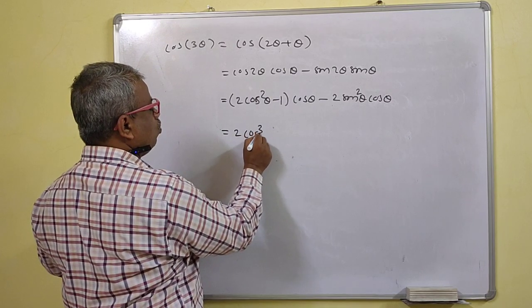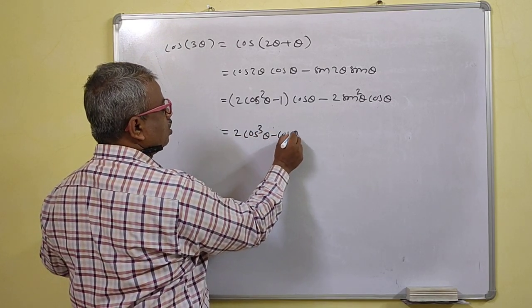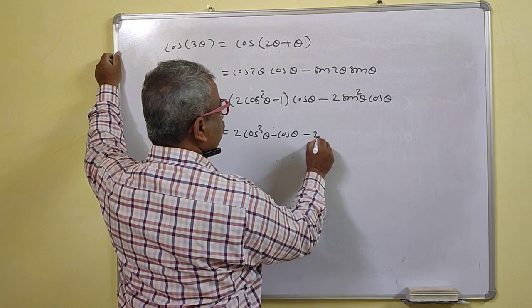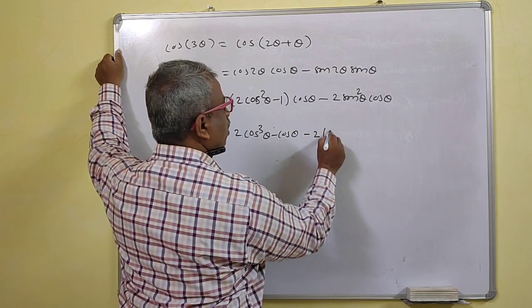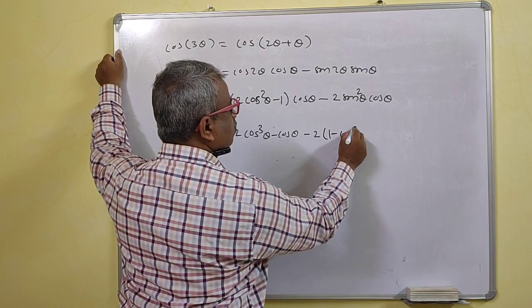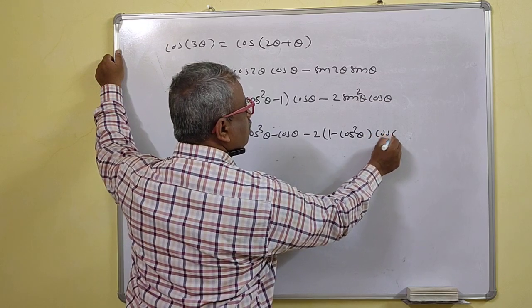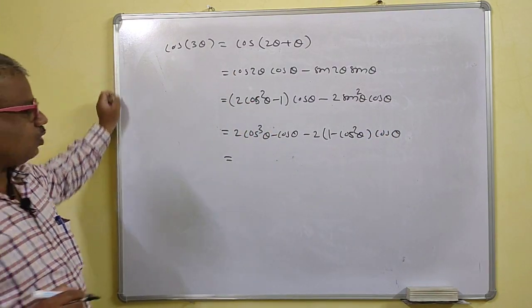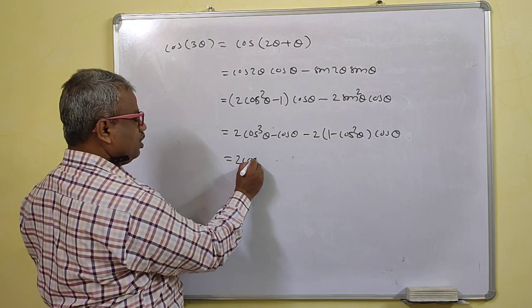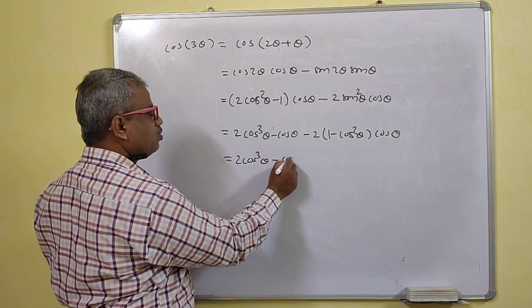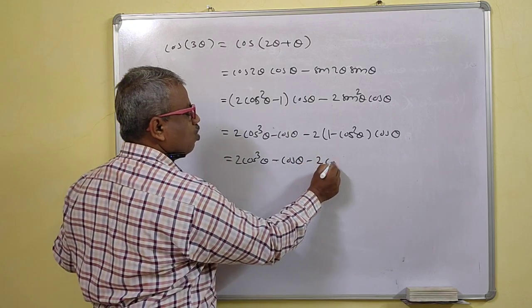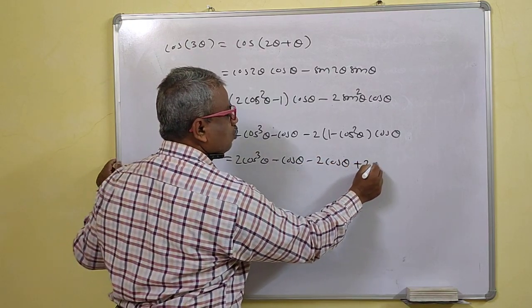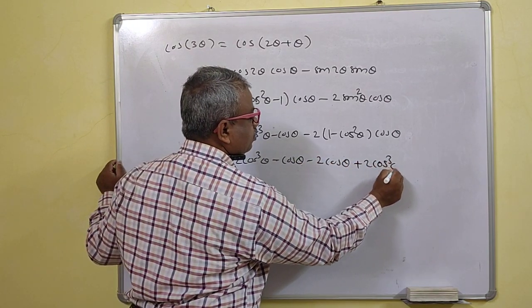So this is 2cos³θ minus cos θ, minus 2 into (1 minus cos²θ) into cos θ. Right? So now see, all are cos. So this is 2cos³θ minus cos θ minus 2cos θ plus 2cos³θ.